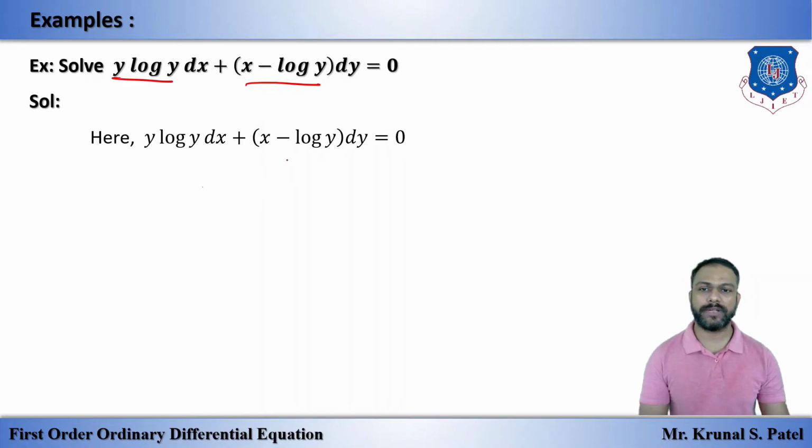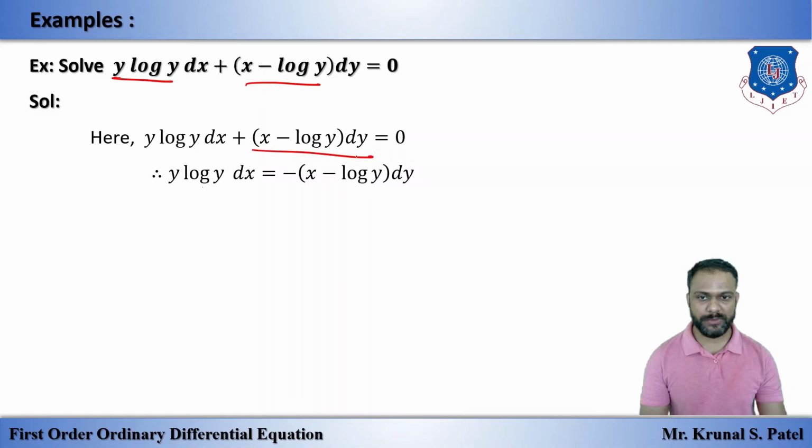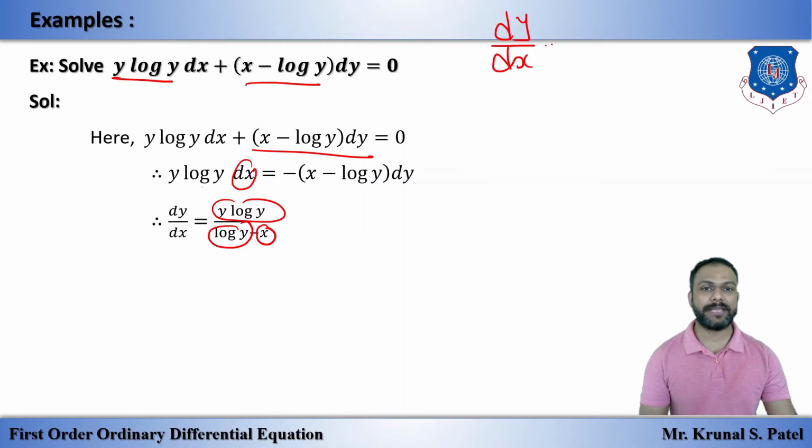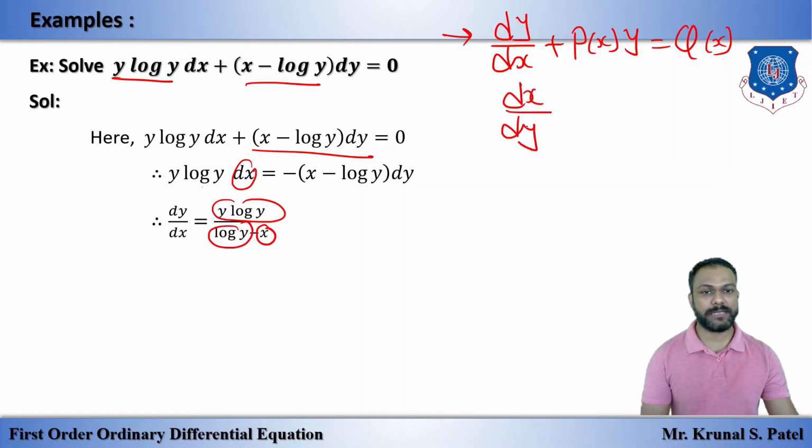Okay, so we'll take this term on the right hand side, so this becomes minus. Now if we find dy by dx, you can observe that each and every term is of y, with only one x. I told you, if we have dy by dx plus P of x times y is equal to Q of x, when we will use this and when we will use the other, I am clarifying that now.